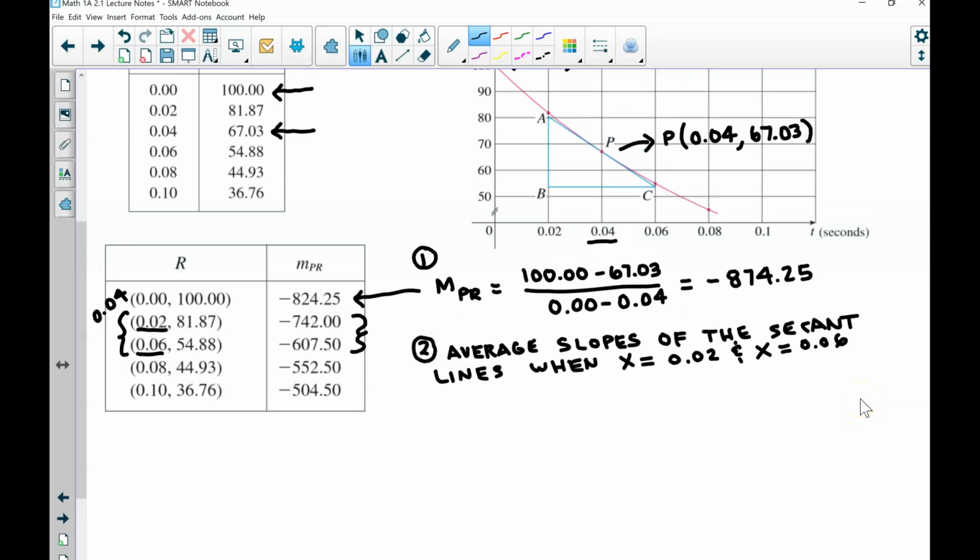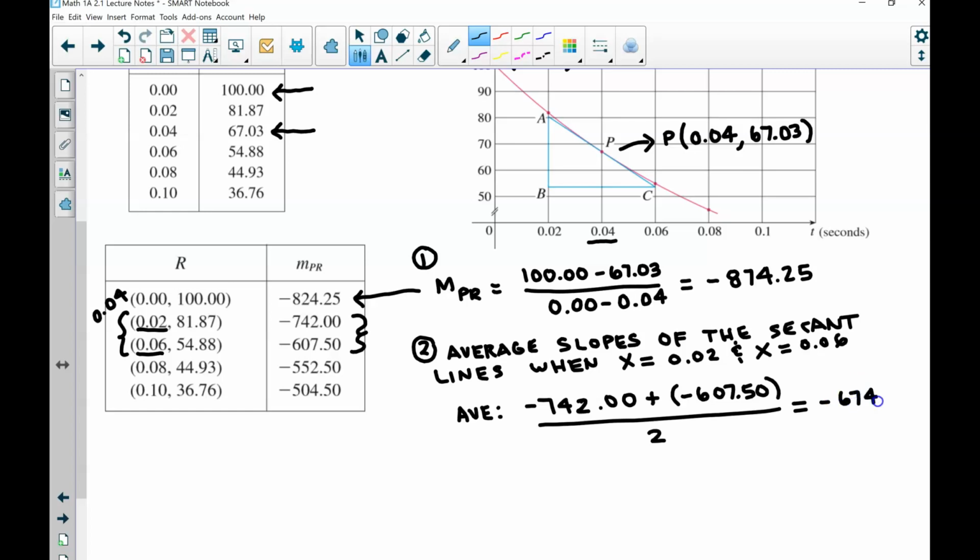The average is basically saying we're going to take the slope, negative 742, and add the slope at 0.06, which was negative 607.50, and then divide that by 2, or take half of that. And so we get the slope to be negative 674.75, which is approximately negative 675.